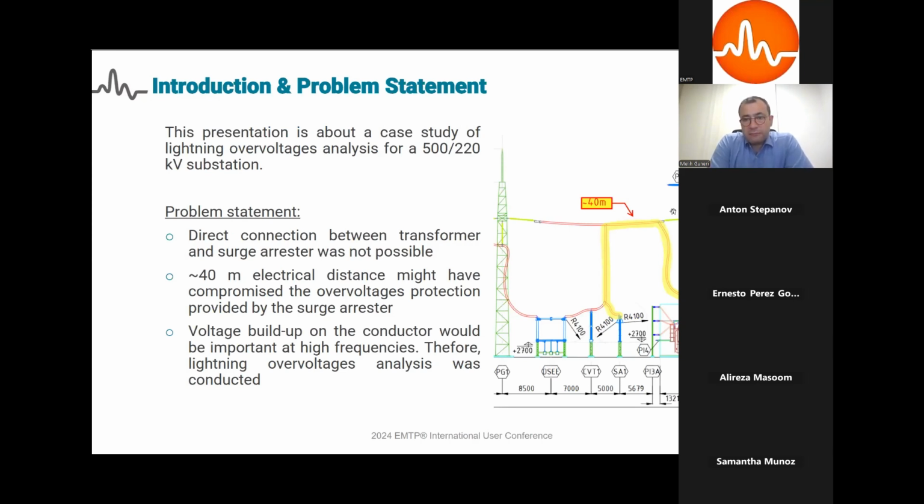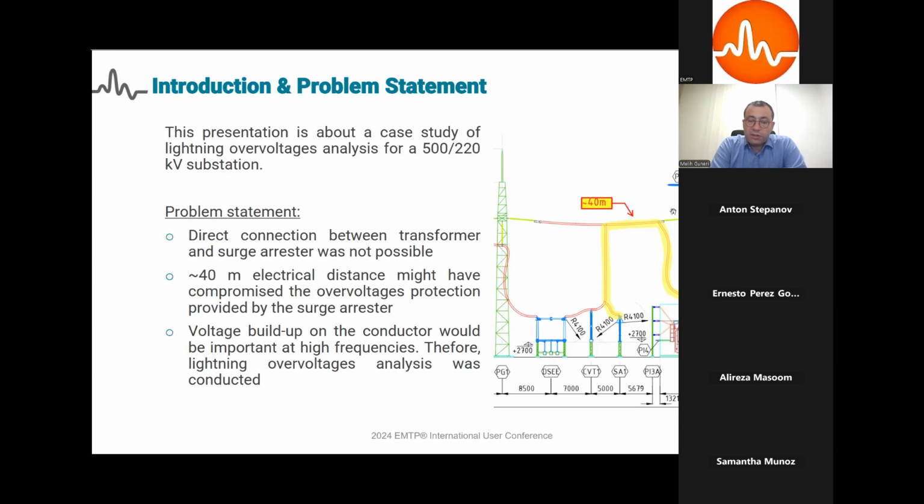Firstly, let me say that I have reviewed many lightning overvoltage analysis reports in my career. And what I have noticed is that the methodologies used in different reports were completely different, especially in the definition of the main parameters for the study and modeling the system.